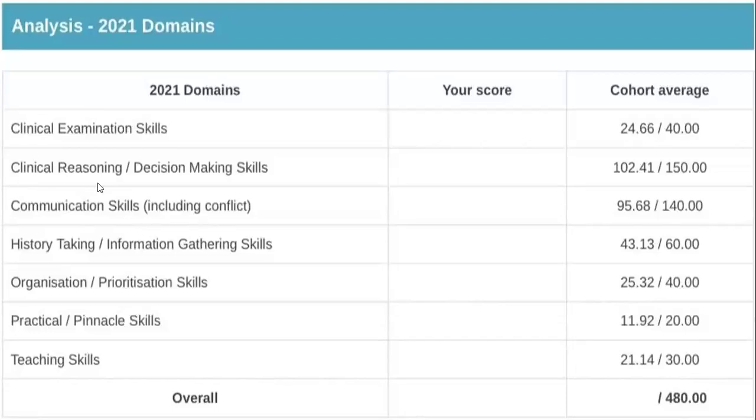The most important domain, clinical reasoning and decision making, means the management plan. So the management plan in all stations, whatever history or examination or even procedures. Communication skills: your attitude inside the room, inside the station, the way you are talking.